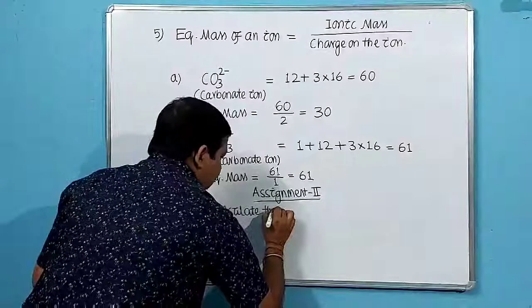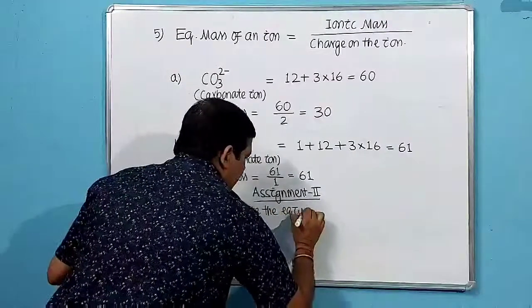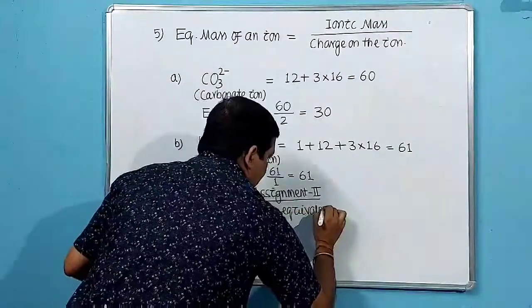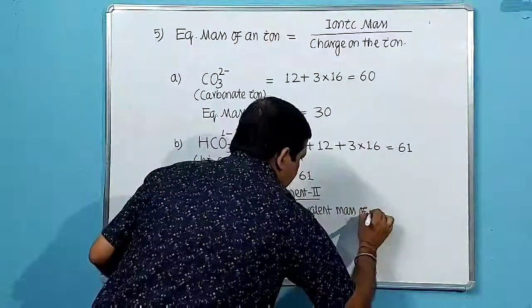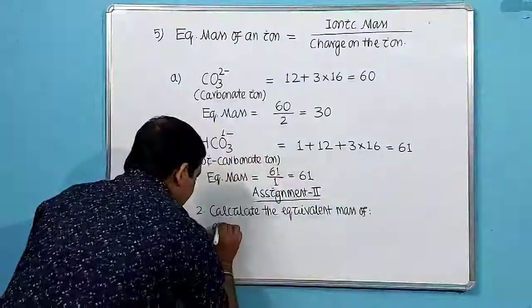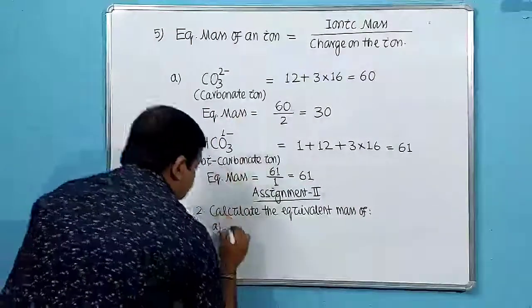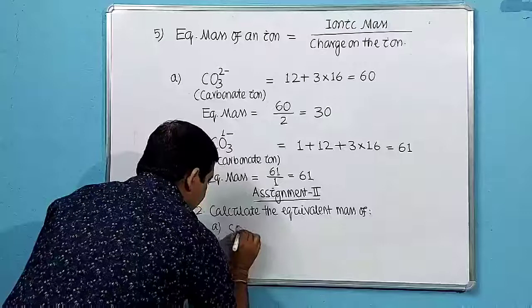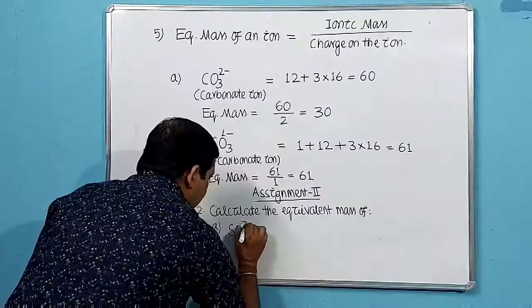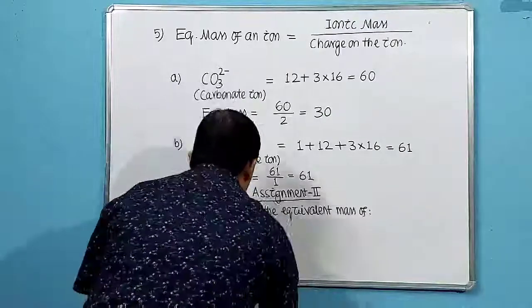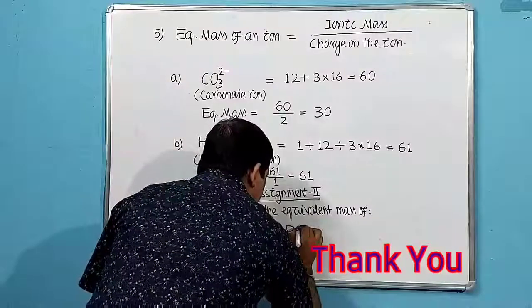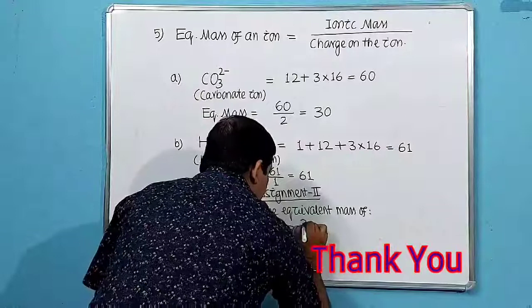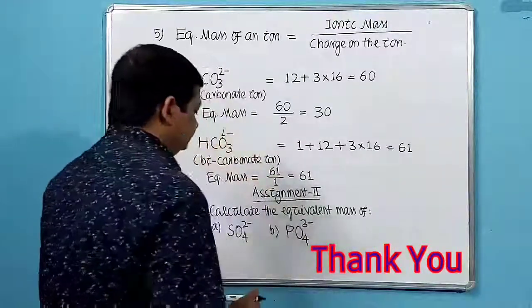Calculate the equivalent mass of sulfate, formula SO4 2 minus, and phosphate, PO4 3 minus.